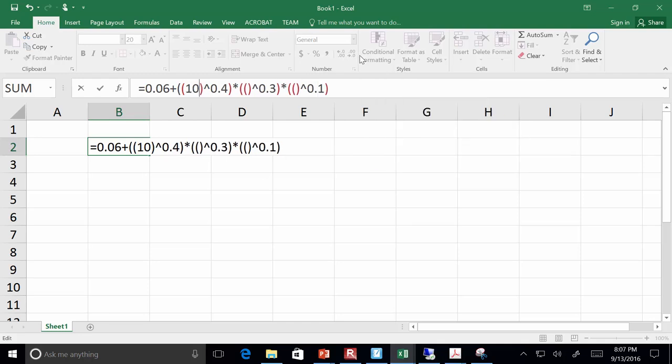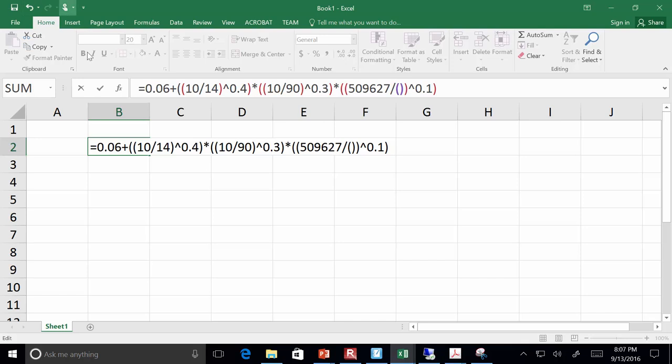Okay, in here we got 10 divided by 14. Here we got 10 divided by 90, right? And here we got 509,627 divided by a quantity.